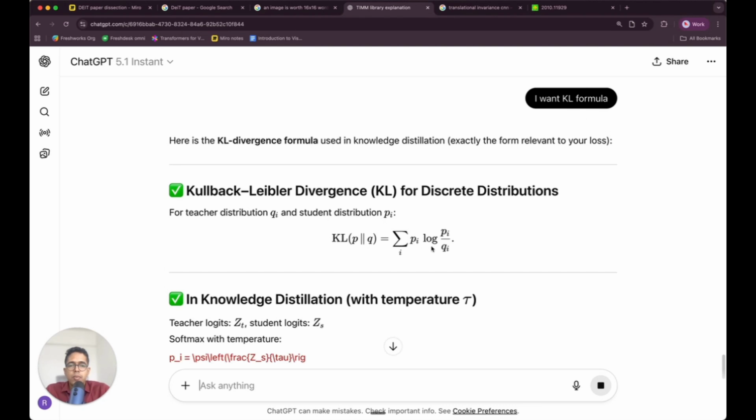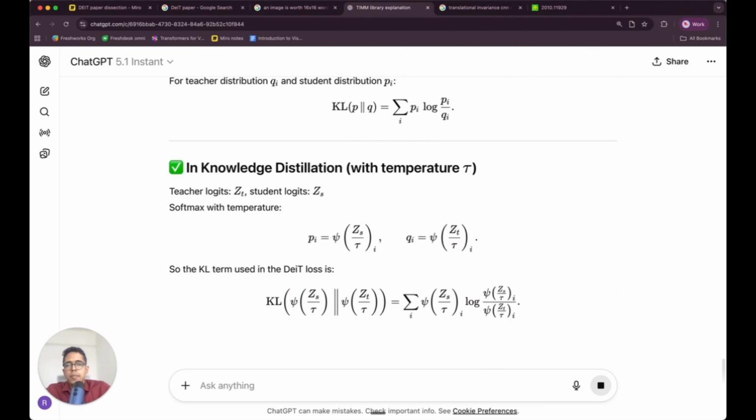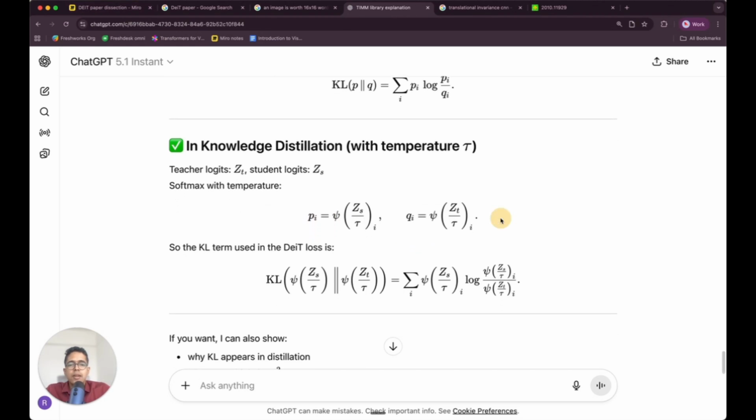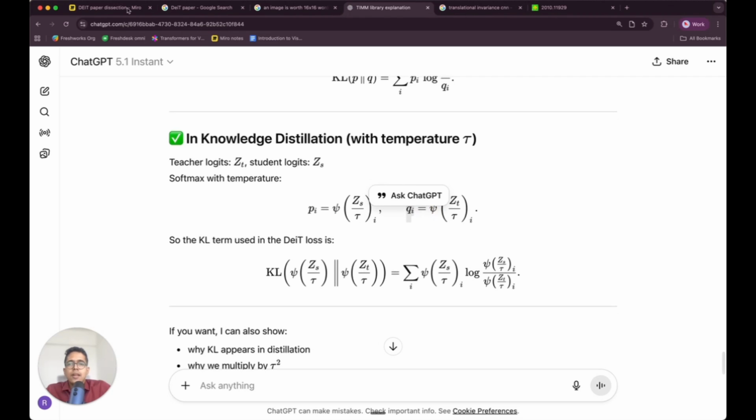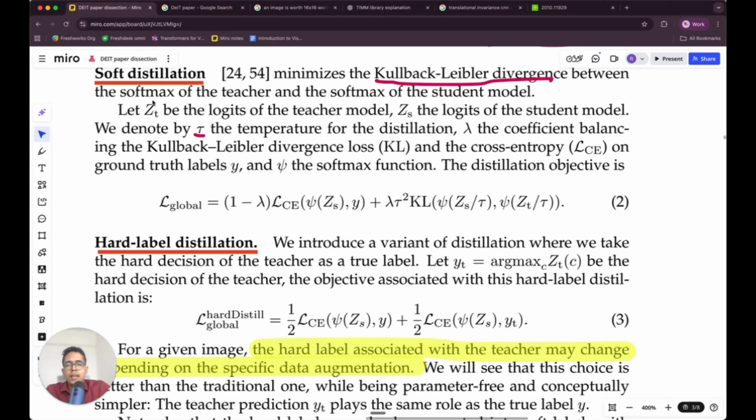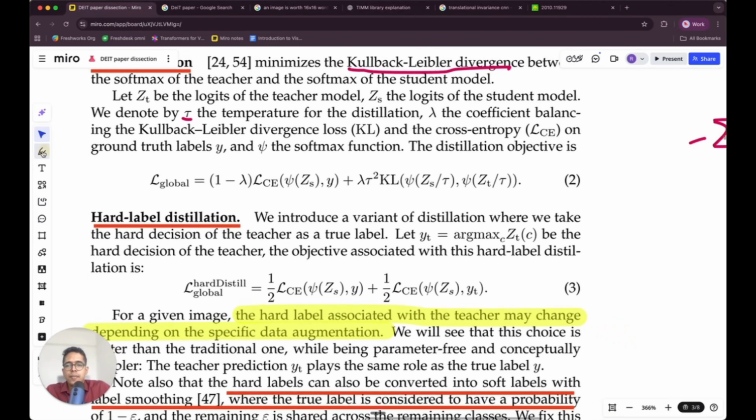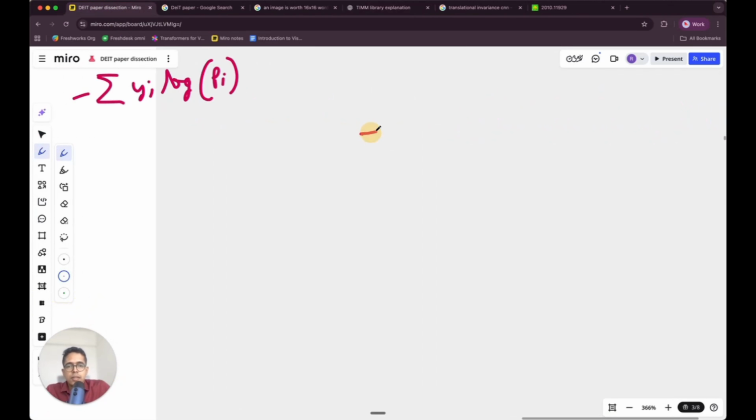So KL divergence formula is this: sigma i pi log pi by qi. In this context, pi is the softmax probability distribution, ith item, and qi is the softmax probability distribution, ith item. So if we had, let's say, 3 items here, let's say my logits Z of the student are 0.1, 0.1, 0.5.